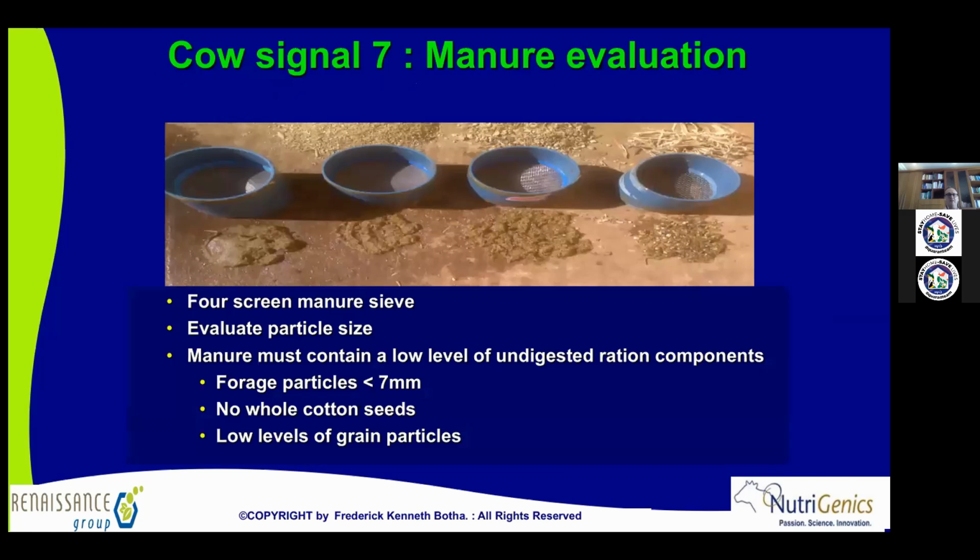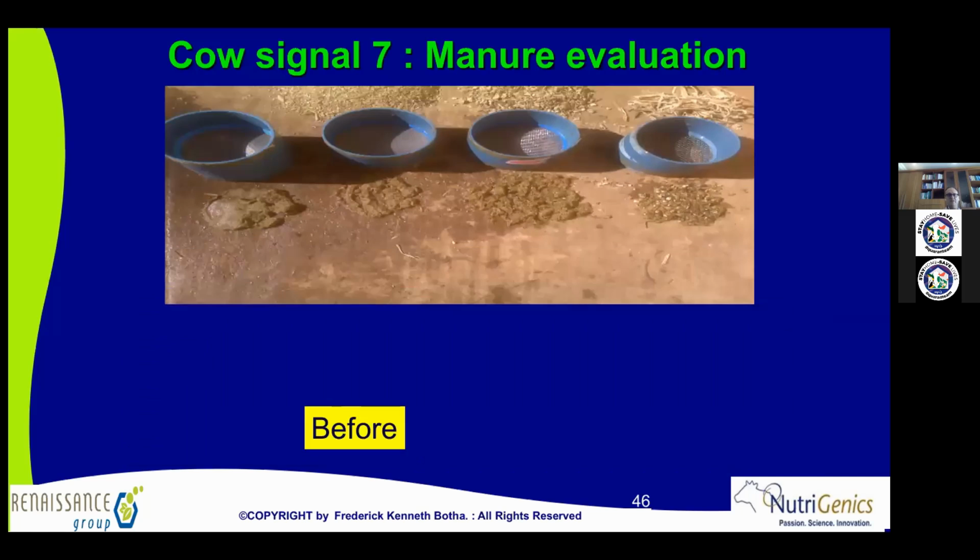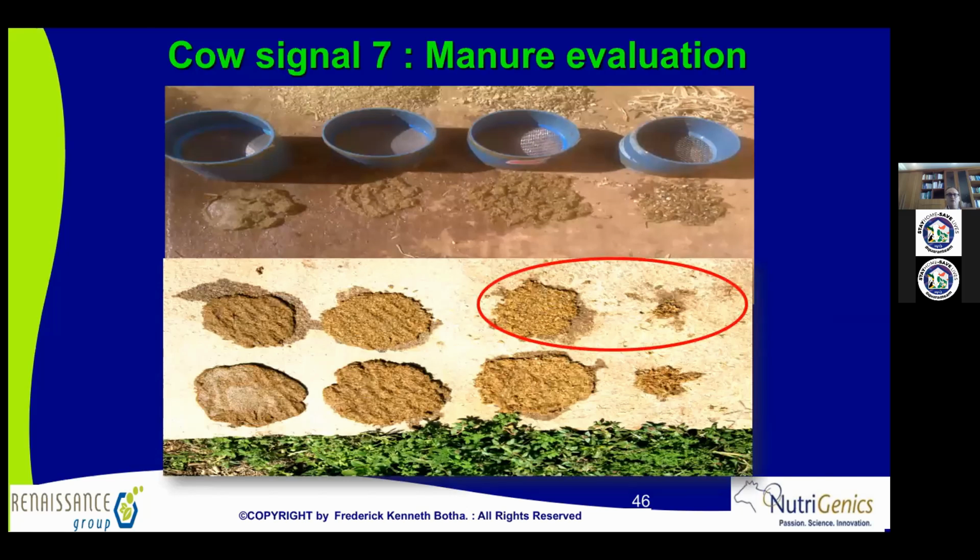As I indicated earlier, I use my manure sieves to wash that, and then compare that to what our estimates are. If you look at the top picture, and that was that problem at that Middelburg farm, and I compare that to manure that's really well digested, you can see on the bottom too that there's a lot less particles on the right hand side that's coming out of the bigger sieve, so a lot less.